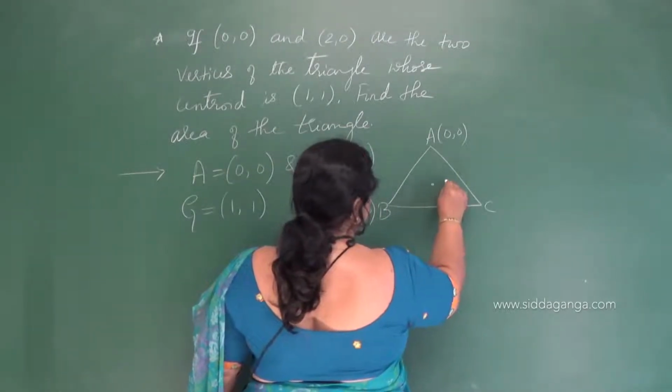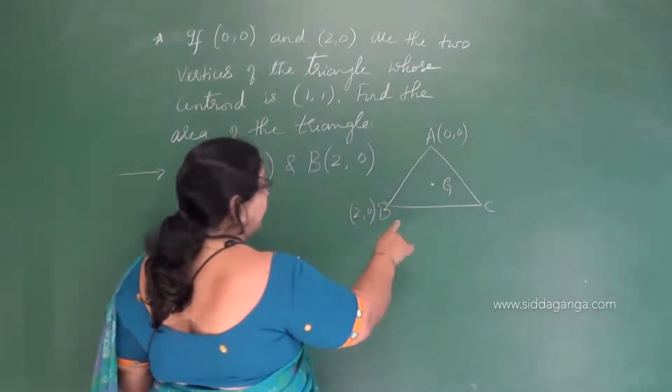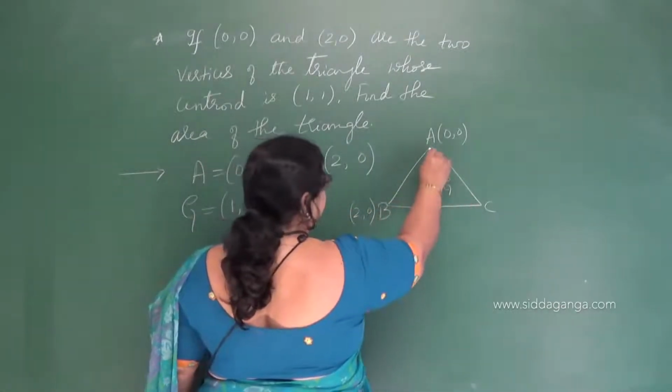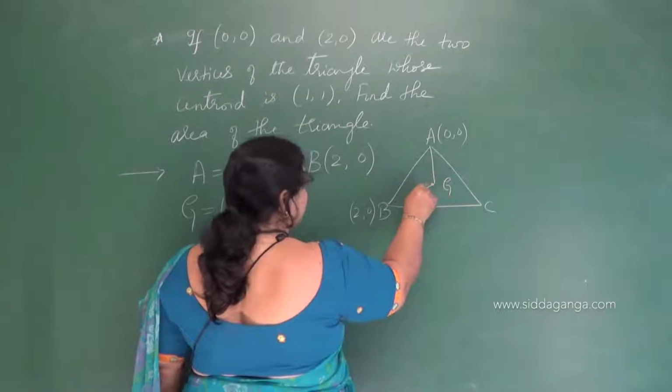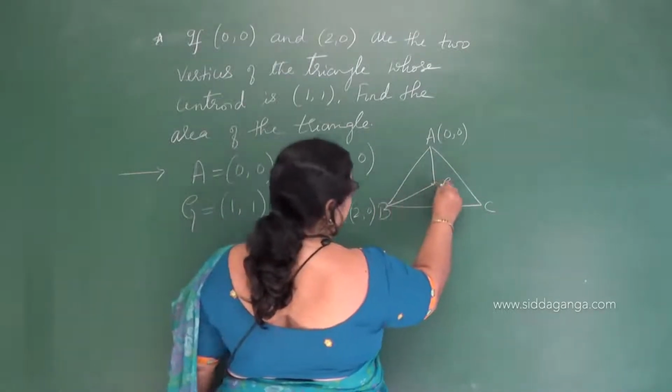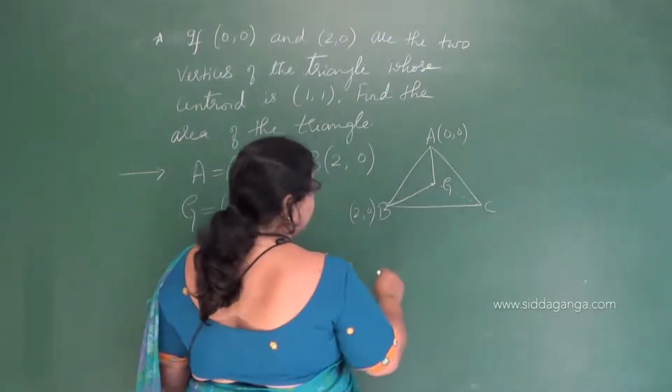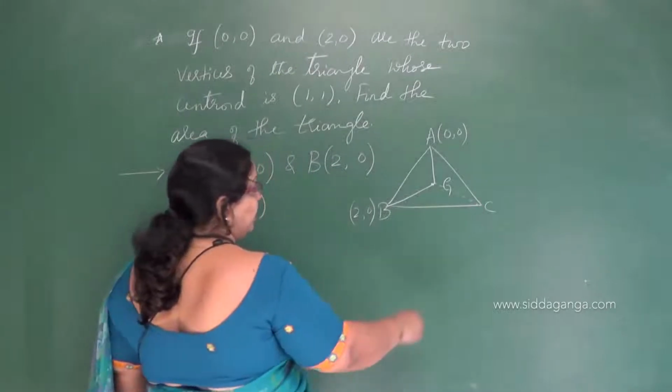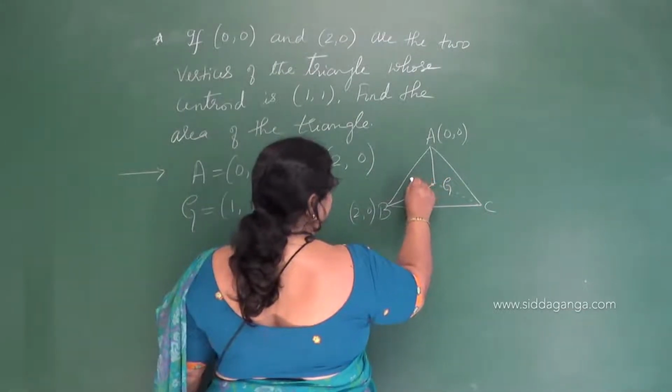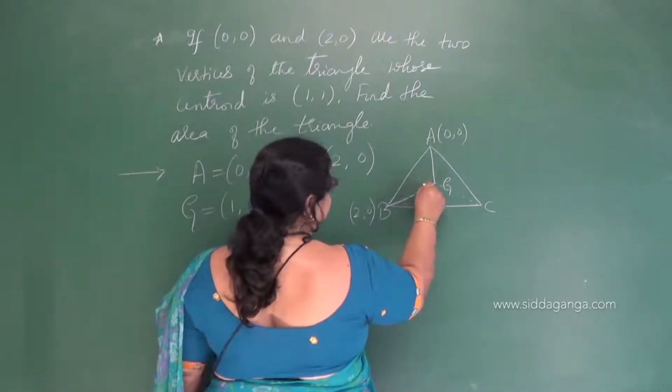Here G is given. Look, A is given, B is given, G is given. So according to this, the area of all three triangles will be the same. This area, both are same.